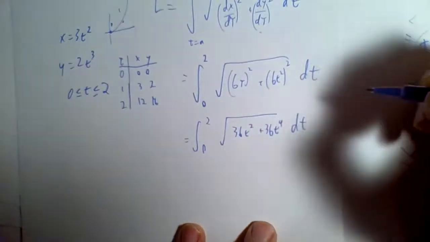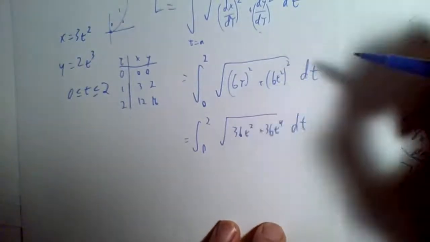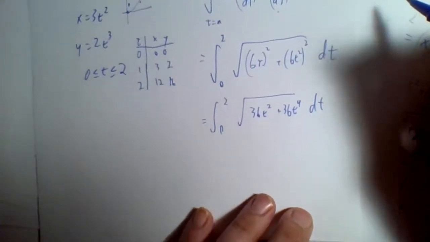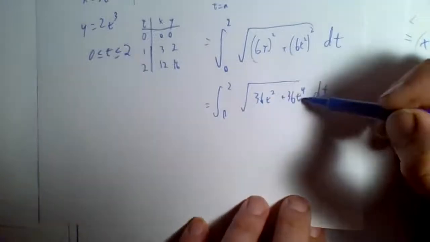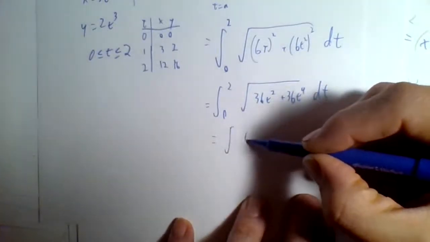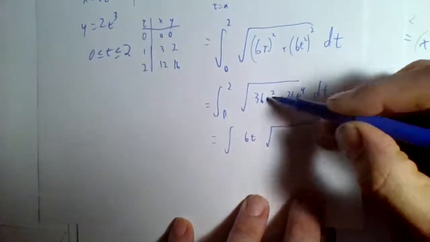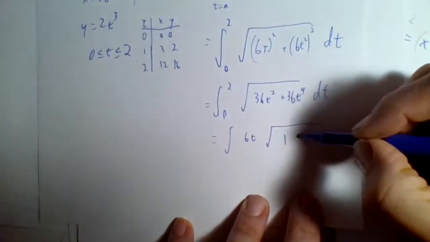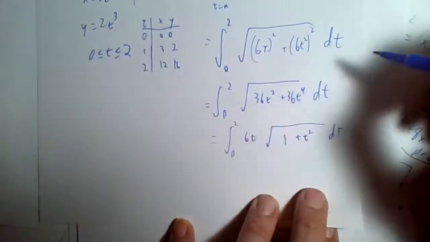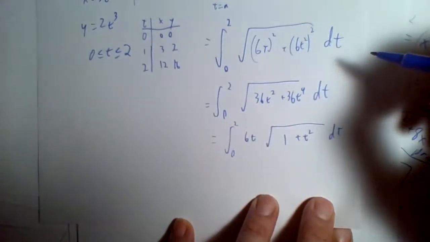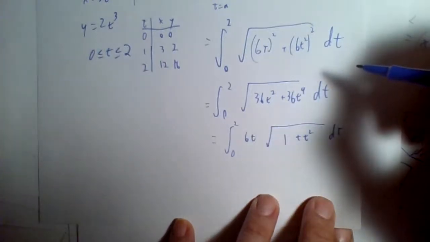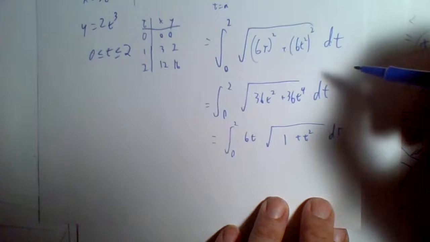You might think at this point it looks like somebody doctored this problem to get that to come out nice, not just the same number, but a nice perfect square. That's great. So the 36t squared can factor out and get a 6t on the outside, and when you factor that out, you get 1 plus t squared on the inside. That is a positive t out there. The square root of t squared is the absolute value of t, but we are talking about positive values of t anyway, fortunately.